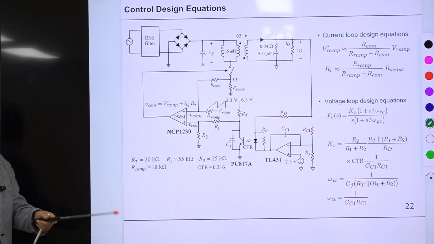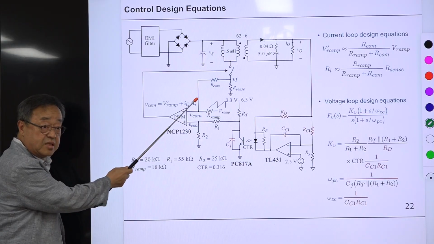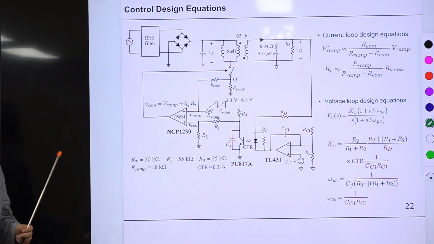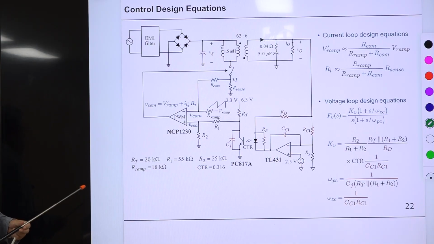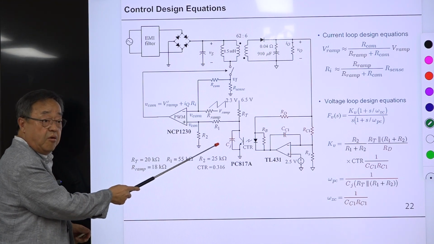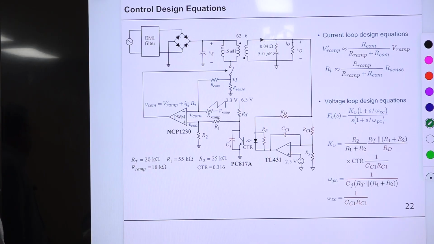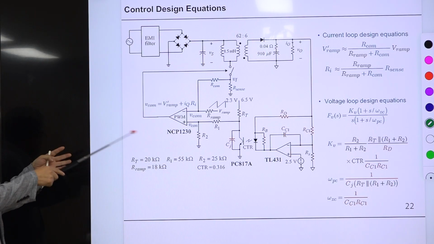Maybe then we get rid of this IC, we use something else, or we sacrifice the performance of this converter, right? So I told you the lower limit is determined by this device of the coupler.